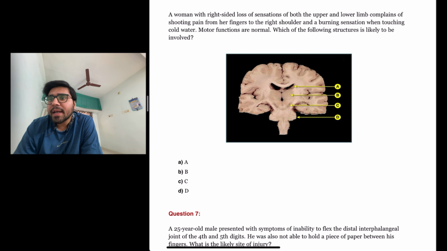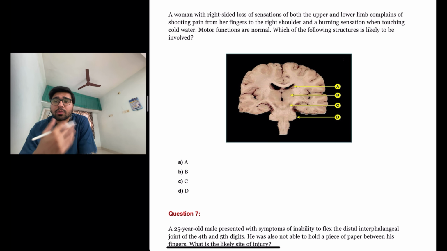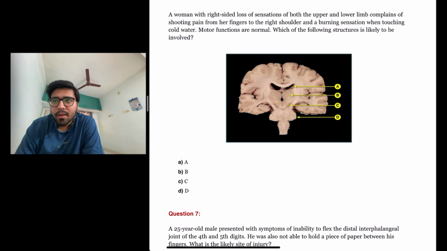A woman with right-sided loss of sensations of both upper and lower limb complains of shooting pain from her fingers to the right shoulder and a burning sensation when touching cold water. Motor functions are normal. Which of the following structures is likely to be involved? Let us label all these structures.